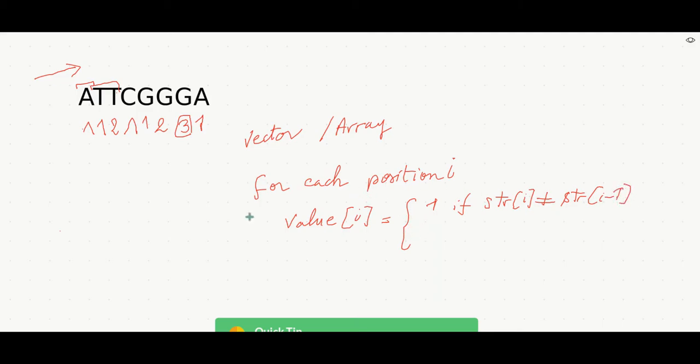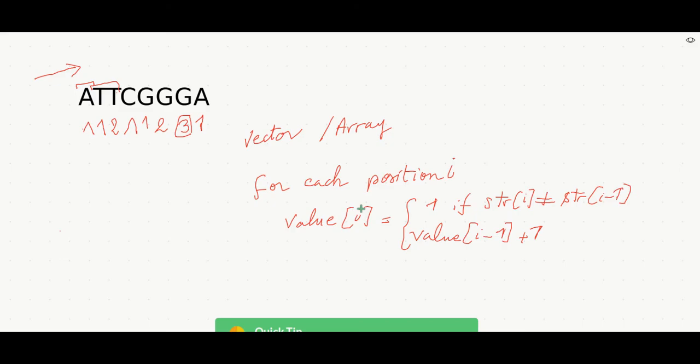Otherwise it is equal to the value at I minus 1 plus 1. And while we are processing the characters, we should keep track of the maximum value.